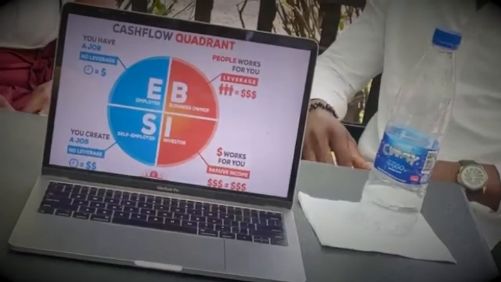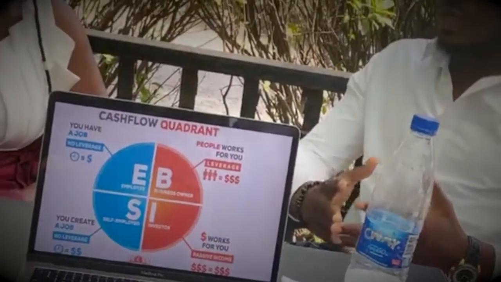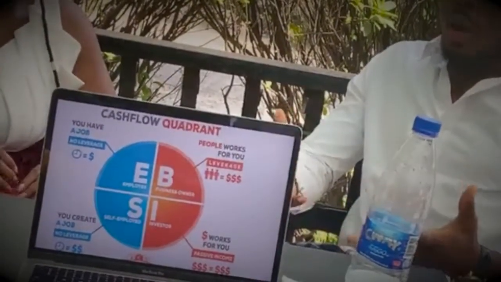All right, thank you, Chioma. I think the Cashflow Quadrant is how wealth, riches or money is being built. Every one of us actually falls into one of these categories. It's a chart that explains how people in the 21st century generate wealth, unlike the 1980s.